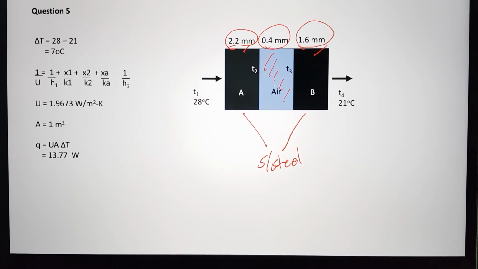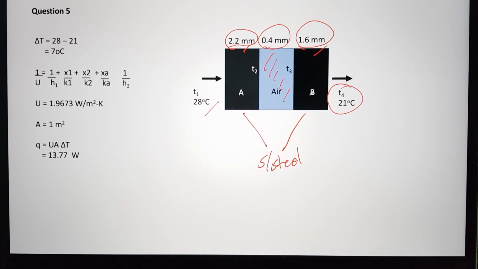The temperature on one side of the stainless steel pin, T1, is 28 degrees Celsius, and its heat transfer coefficient is 2.5 watt per meter square Kelvin, whereas on the other surface, the temperature is 21 degrees Celsius, and the heat transfer coefficient is 10.5 watt per meter square Kelvin.